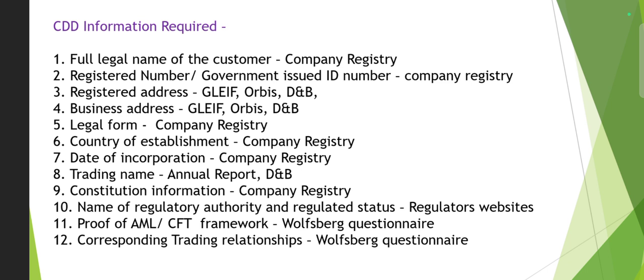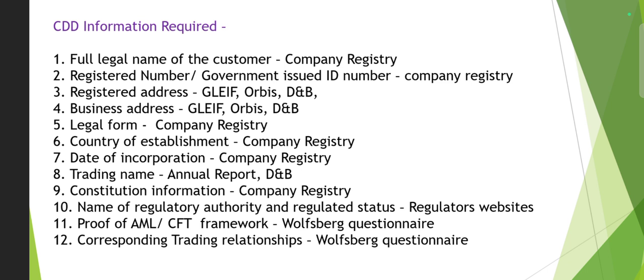Registered address and business address, we can identify and verify through the Global Legal Entity Identifier website, or Orbis, DNB. There are so many applications available. We can check our entity name on those websites, and we will get all the details related to that client, so we can verify.